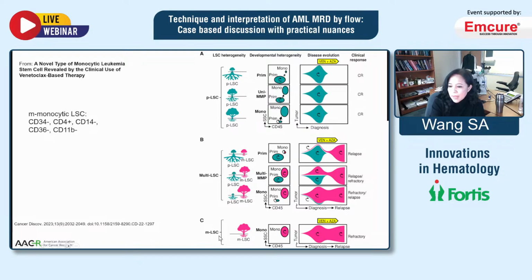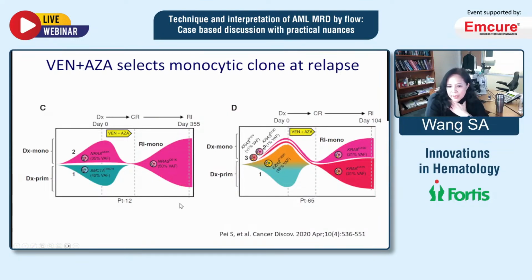If you only have monocytic leukemic stem cells at the time of diagnosis, of course you have monocytic relapse. They further illustrate that this monocytic relapse is often coming from cells with NRAS and KRAS mutation. So at the time you have a significant population of monocytes, you have monocytic relapse still containing the NRAS.